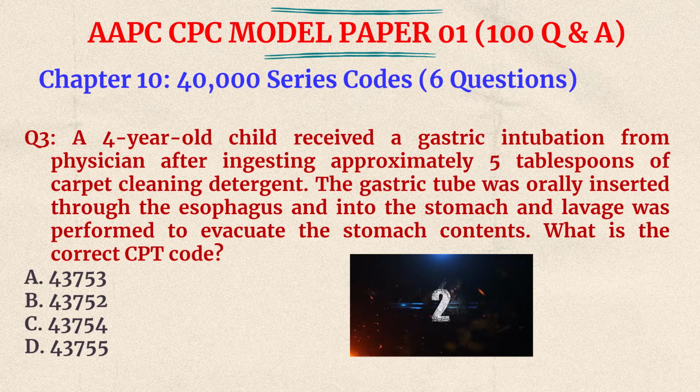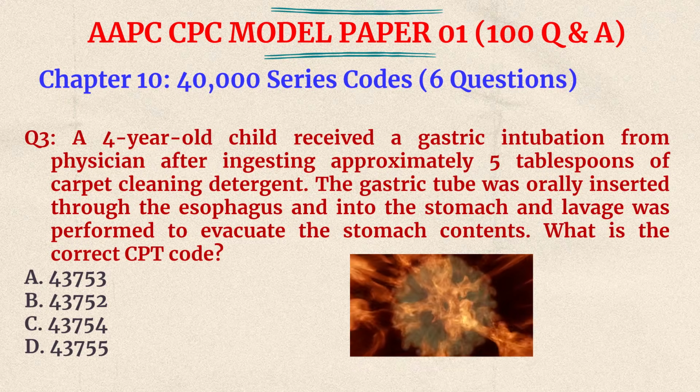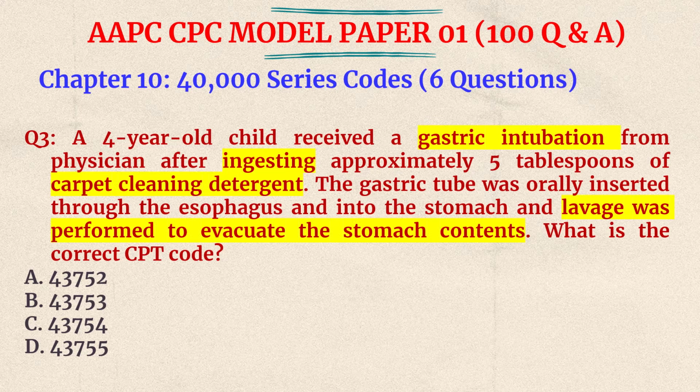3, 2, 1. Okay, in this case, you can see this is a gastric intubation for ingesting carpet cleaning detergent. What we have done is a lavage was performed to evacuate the stomach contents. So this gastric intubation is for therapeutic purpose, not diagnostic purpose.